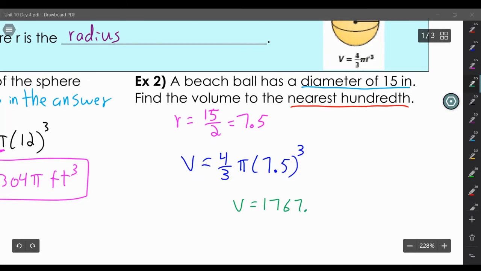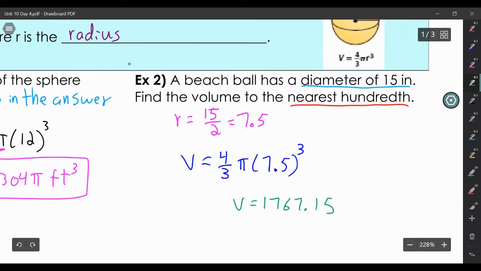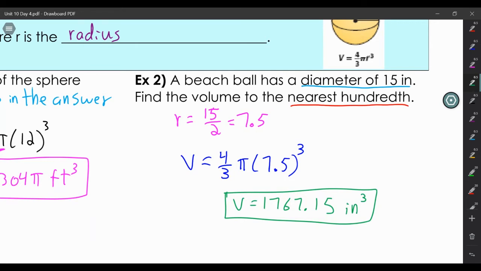And then I think we need to round that. Yep, the 5 back here means we're going to round that up. Cubic inches.